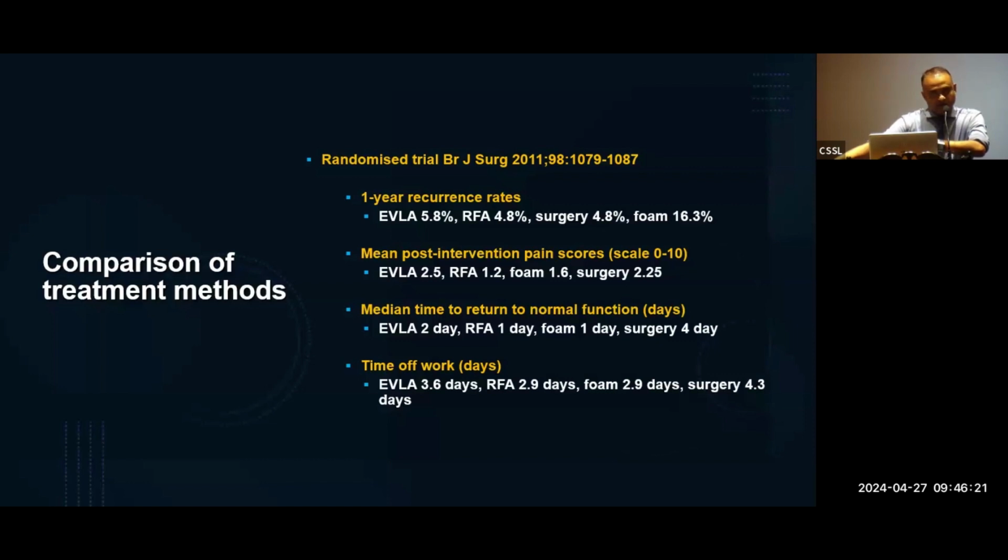And nowadays it's going out of favor, obviously, and we routinely practice laser and RFA. Hardly any difference between RFA and laser, apart from the fact that RFA generally gives a little less pain postoperatively. But ablation rates, the recurrence rates after 1 year, are more or less equal among laser, surgery, and RFA.